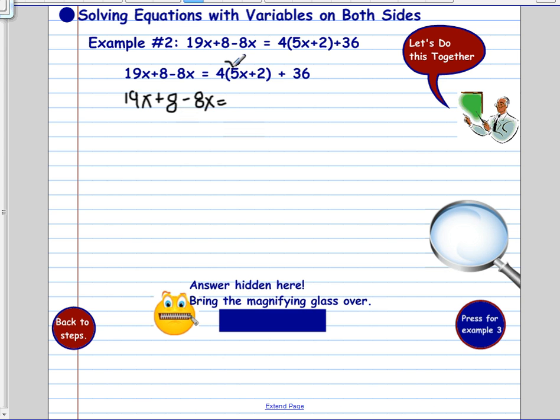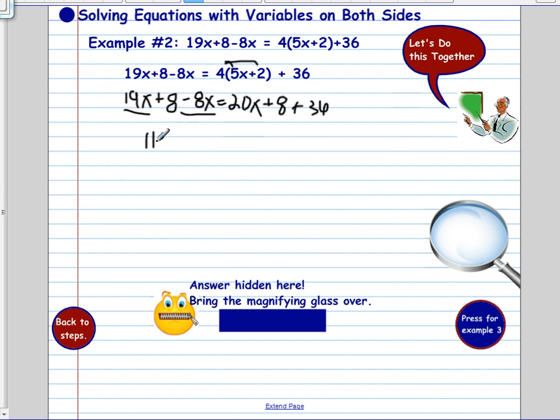So in this case, I'm going to distribute and distribute. So 4 times 5x is 20x. And 4 times 2 is 8 plus 36. Okay. Now I'm going to want to combine my like terms on this side. In this case, my like terms are 19x minus 8x.